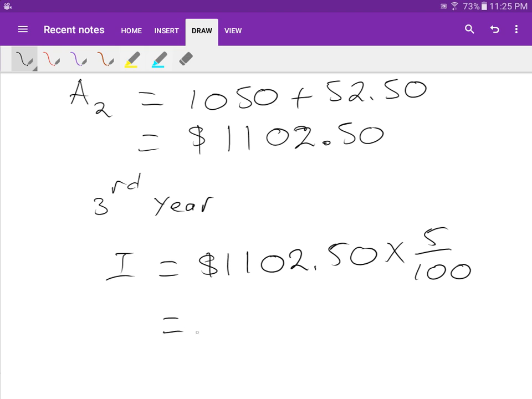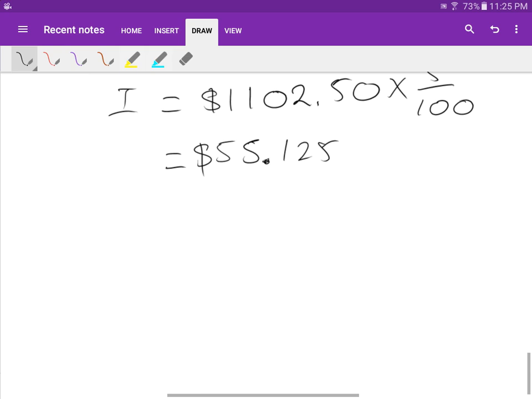That is $55.13, but I'll write it out in full because I'm going to carry this amount. This is how much interest I get. As you can see, I get more and more interest each year.